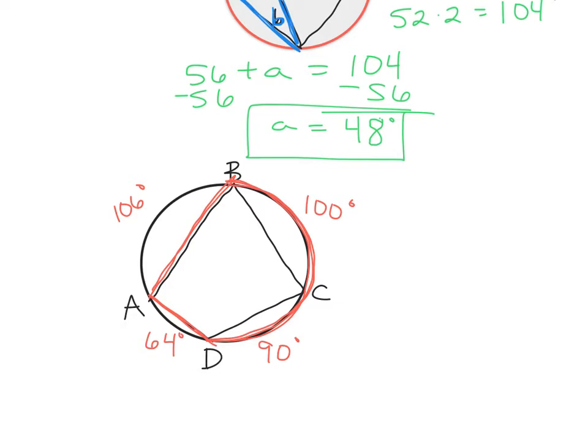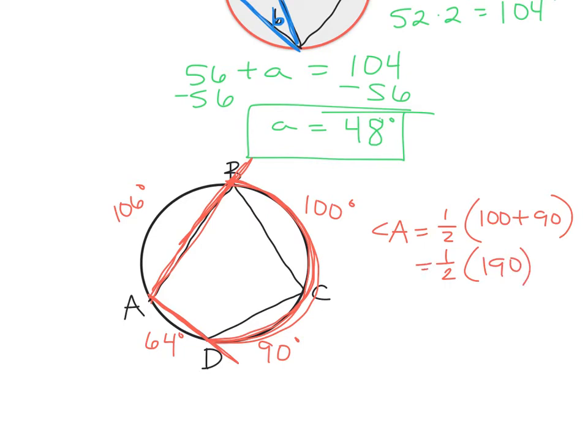Because it's where the angle opens up to. Angle A goes from here over to here, so everything inside of there is my intercepted arc. So angle A is half of that big arc, which is 100 plus 90. Half of 190, so angle A would be 95 degrees.